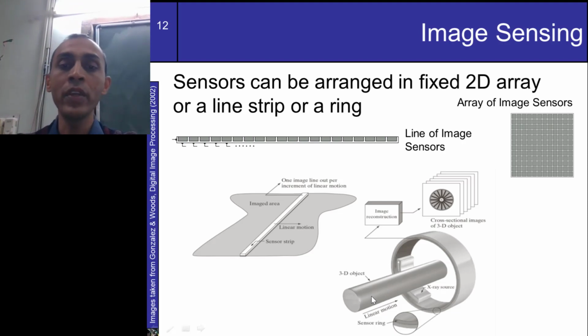We have the object moving inside the circular ring, and the circular ring itself will be rotating. So by combination of the mechanical motion as well as the arrangement of the sensor arrays, we can acquire either the 2D or the 3D surface of the object that has to be imaged.